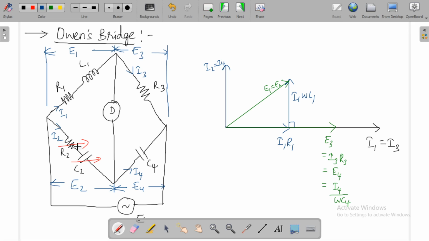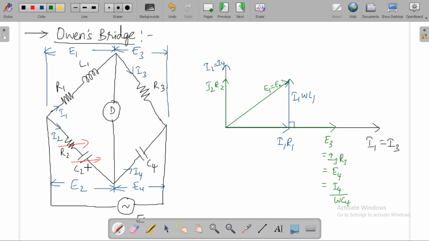Now how can I draw voltage across this R2? Voltage across R2 is in phase with I2, so this will be I2 R2.